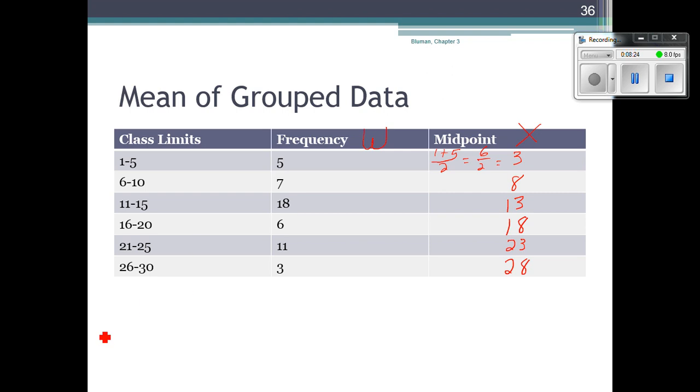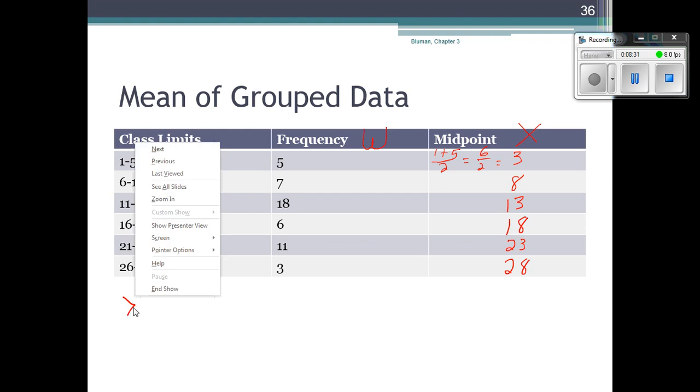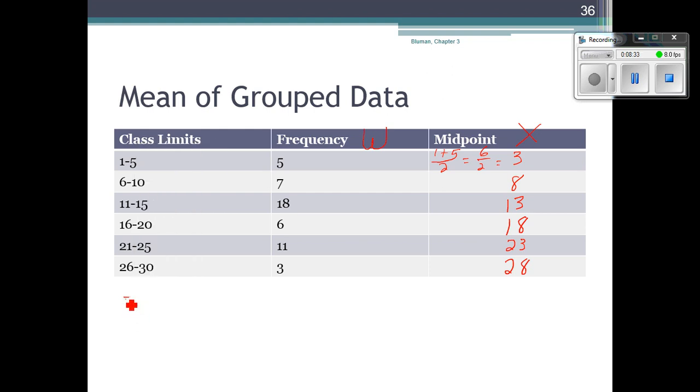And so when we go to calculate this, we're asked for the mean. We would have sigma of our X's times our W's divided by sigma of our W's. So here we go.